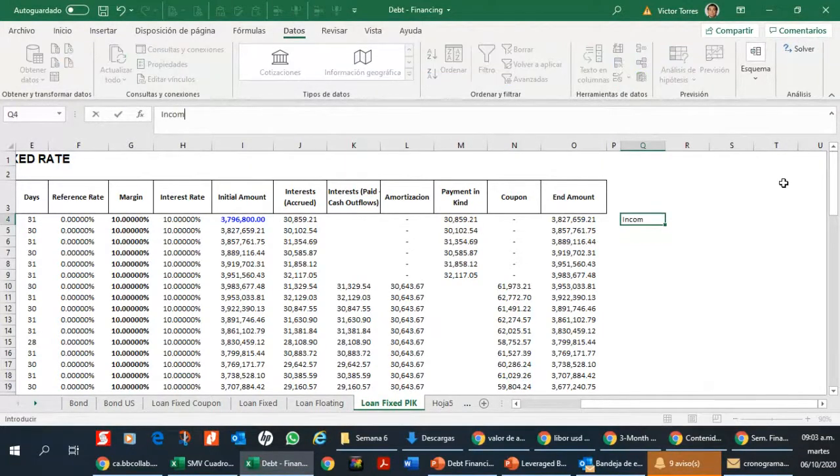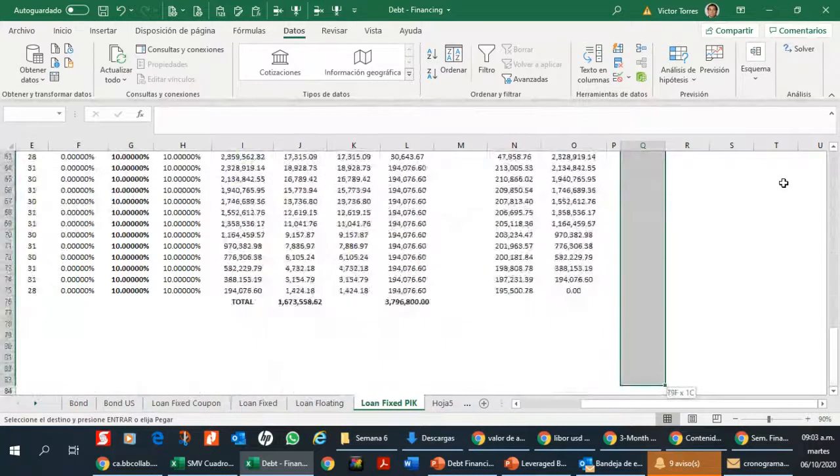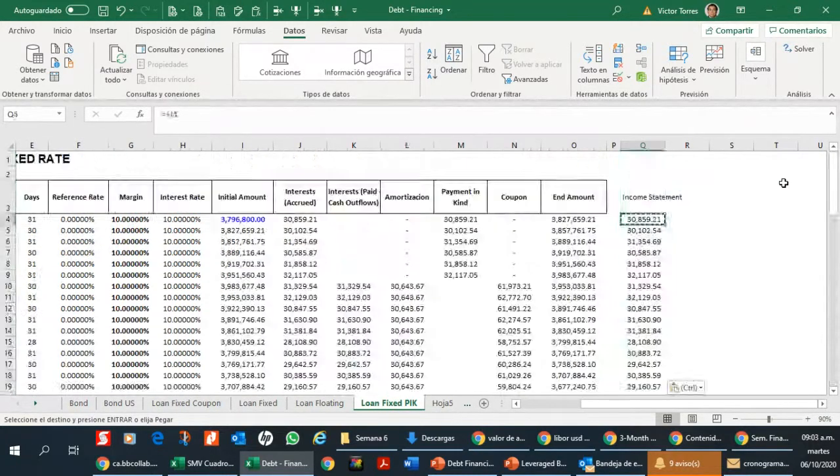So just to finalize, for the income statement, obviously you still need to consider the interest that is accrued, right? So you still have that as an expense. It's a financial expense, remember, right? You're still going to have that as a financial expense in your income statement, right?